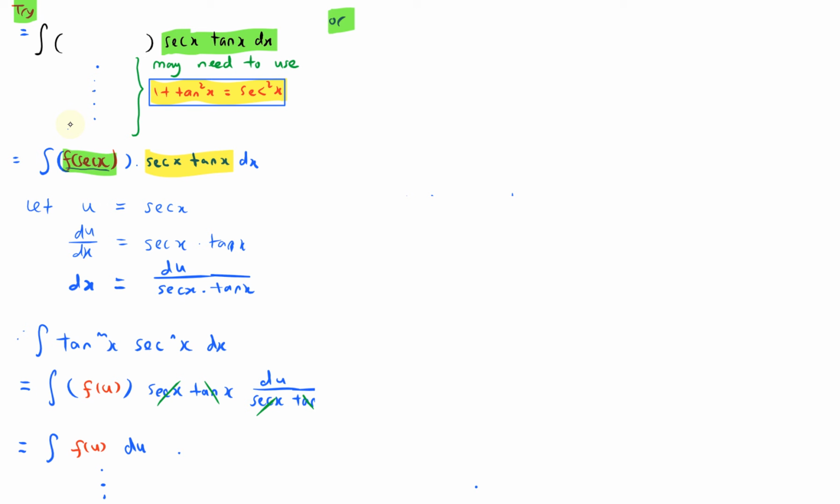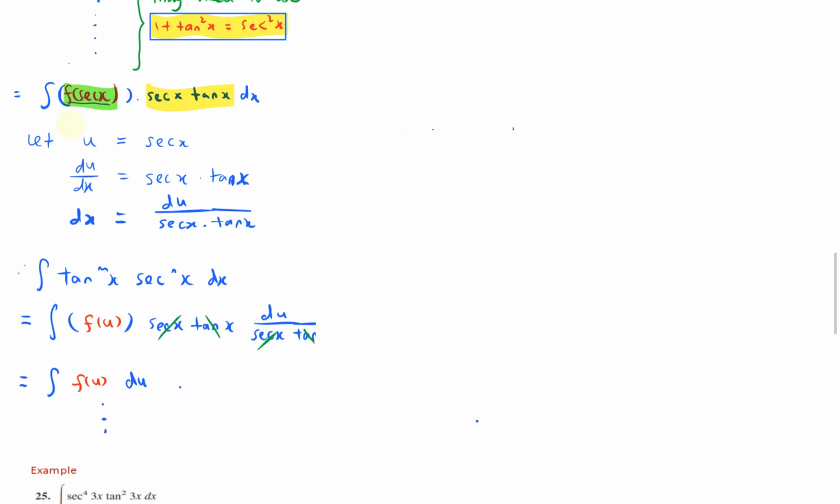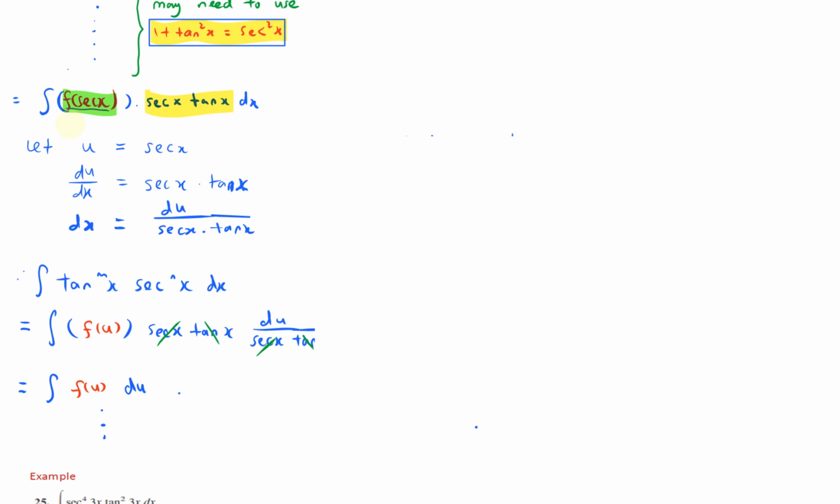So that is our normal way of doing substitution, right? Remember, this is tangent x. Now you put it inside the question. This part will be f of u, because this is secant x, and secant x is u.